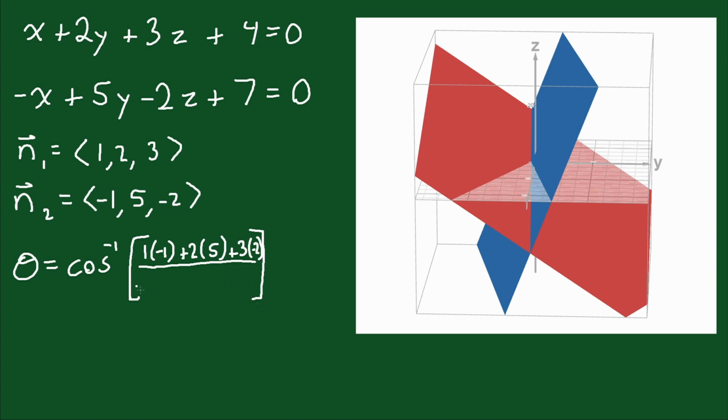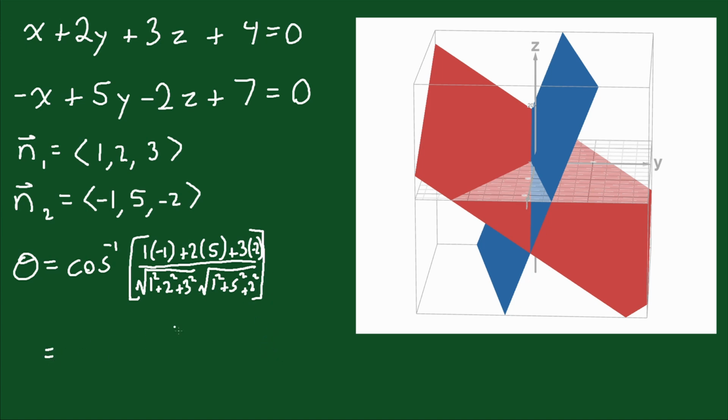And on the bottom, we have the magnitudes. So the magnitude of the first vector, 1 squared plus 2 squared plus 3 squared, multiplied by the magnitude of the other vector, 1 squared plus 5 squared plus 2 squared. You could plug in negative 1 squared and negative 2 squared instead, but you're going to get the same thing when you square them, so I don't really bother doing that.